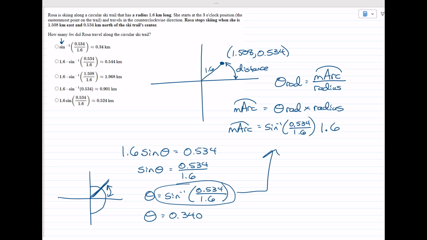And let's see what answer that is. 1.6 times the inverse sine, so definitely not this one. Definitely not this one. And we're looking to do 0.534 divided by 1.6. Looks like this is the right answer.